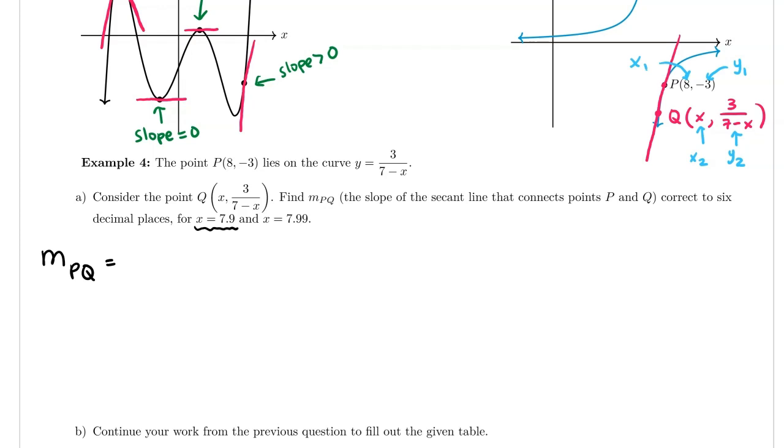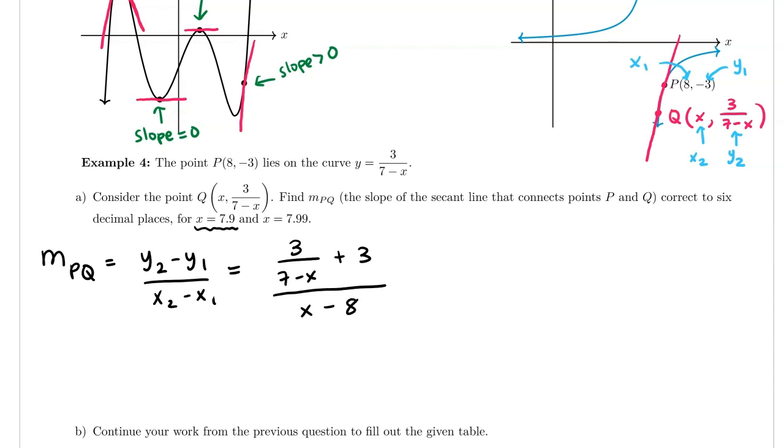So again, if I want to use the slope formula, I have y2 minus y1 over x2 minus x1. And now for y2, instead of using a number, I'm using the expression 3 over 7 minus x, and then y1 is going to be minus negative 3, which is the same thing as plus 3, and then over x2, which in this case is x, and then x1 we labeled as 8.